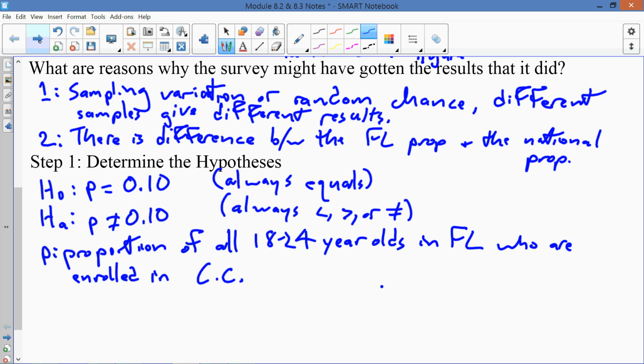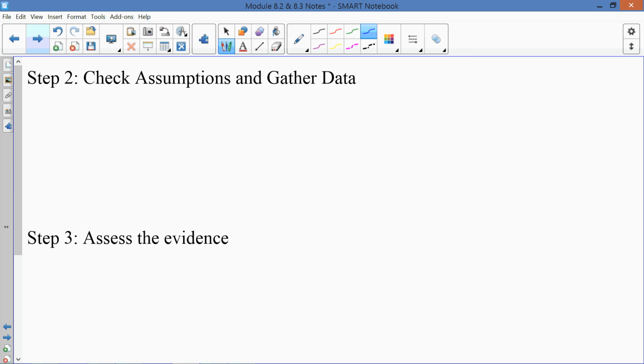Okay, so let's look at the next page. Now I want to check my assumptions and gather data. Unlike with confidence intervals, this time we do have a number to use for P, and that's the number in my null hypothesis. So I need to check that I have a normal distribution. I need to check NP, my sample size times P, which is 0.1. That's 24.